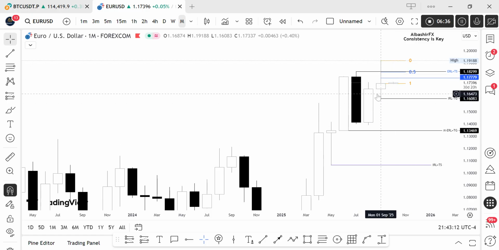Now we know that every higher time frame candle like this, especially the daily and the monthly candle, usually sweeps liquidity, indicating either any previous week high.